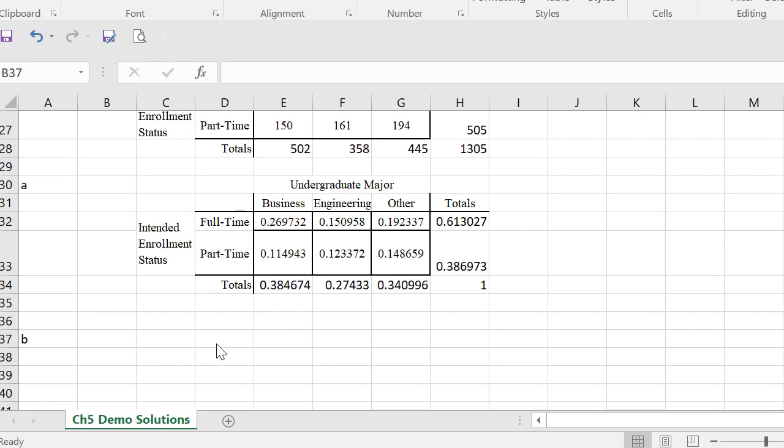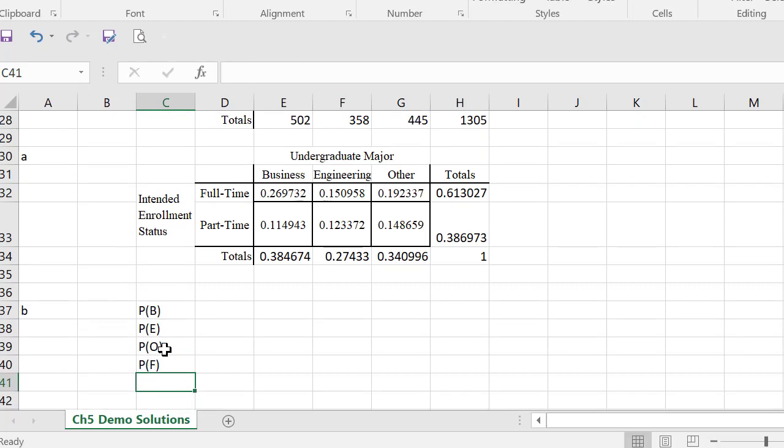Now we may want to write those out so that we can use those in our calculations. So I'll do probability of B, probability of E for engineering, probability of other for other, and probability of, let's say, F for full-time enrollment.